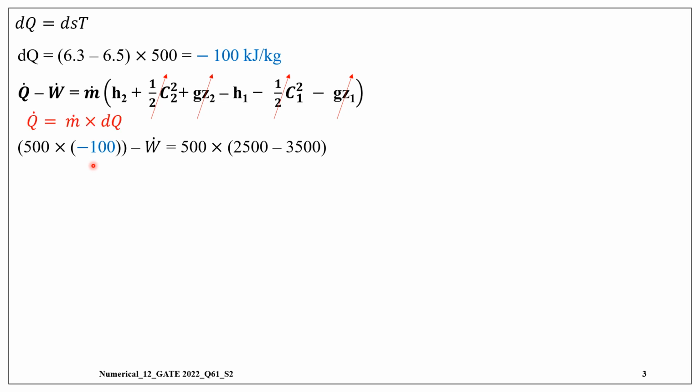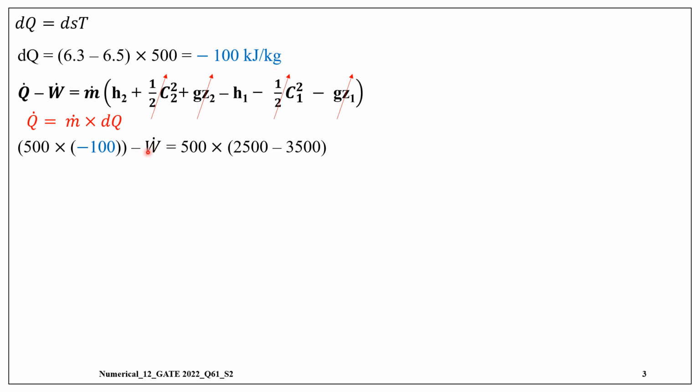So what is that? Q dot is equal to m dot multiplied by dq. dq is minus 100, and m dot is the data given in the problem. It is 500. So m dot is in kilograms per second, and this is kilojoules per kilogram. When you multiply these two, it will give kilowatts.